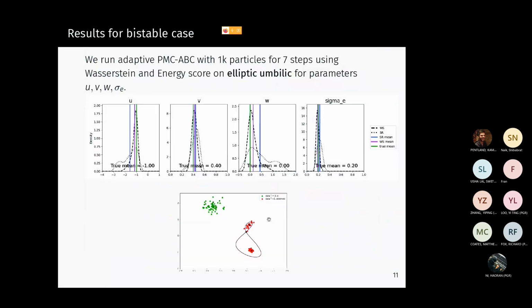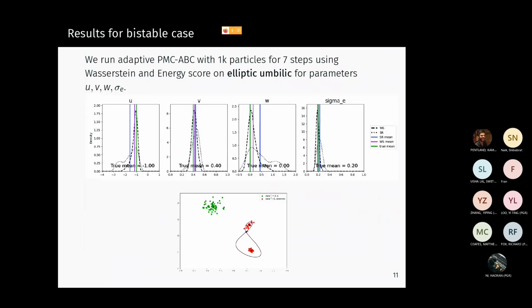So, results. This is running the population Monte Carlo ABC, a similar setup to the previous one, but we use ABC measures. Using 1,000 particles with 7 steps, we compare the results for Wasserstein and energy score for the elliptic umbilic. Here we don't have to restrain ourselves to bistable setups or so on.